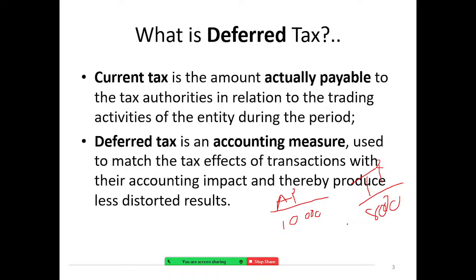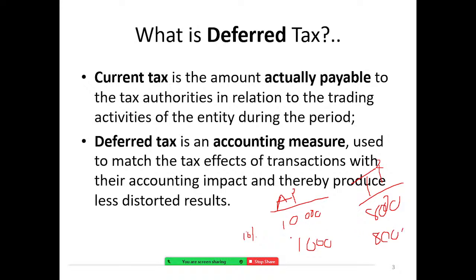The tax rate is 10%. So the accountant estimates the tax equal to how much? 1000. But the tax authorities calculate how much? 800.